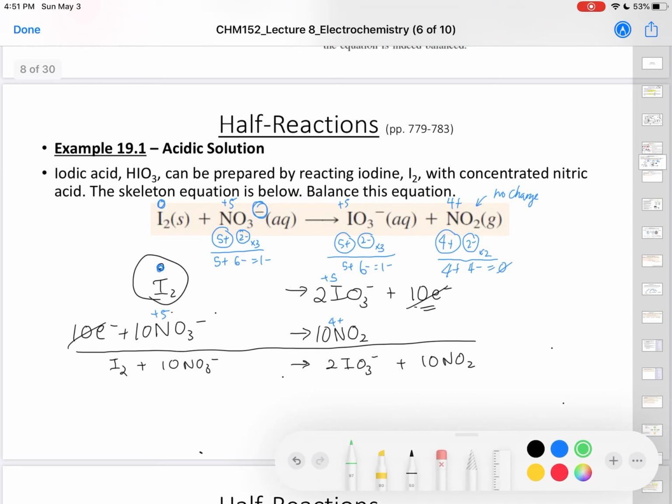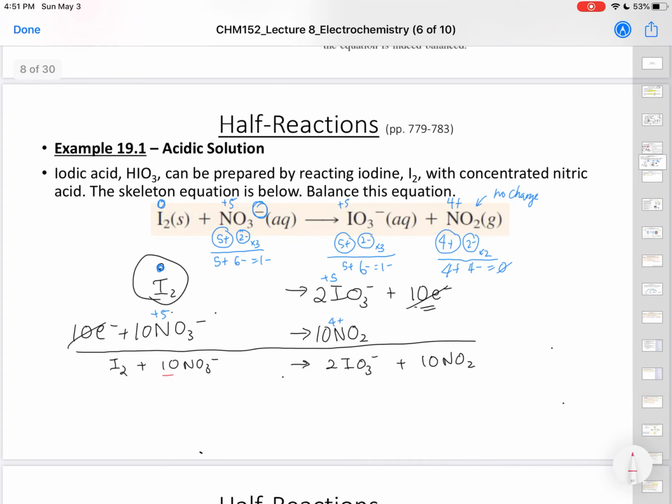Okay, so let's count again our oxygens. So 10 times 3 is 30 oxygens. 2 times 3 is 6 oxygens. And 10 times 2 is 20 oxygens.